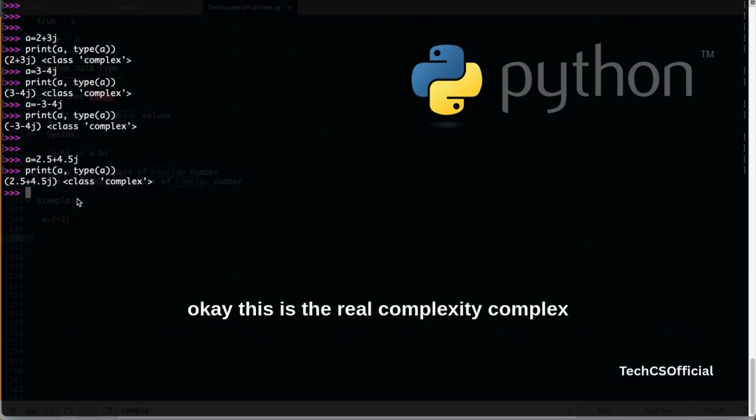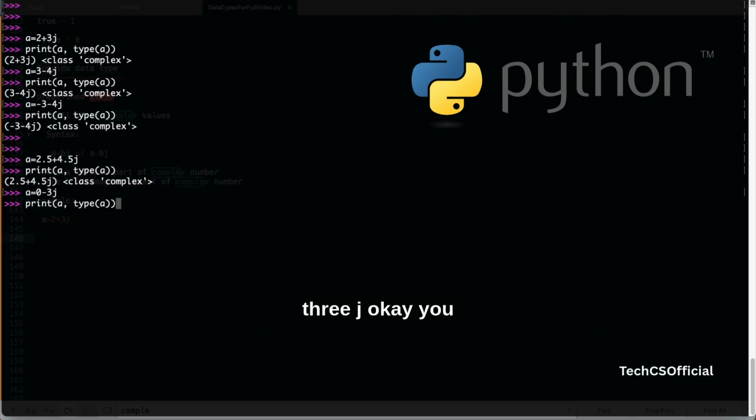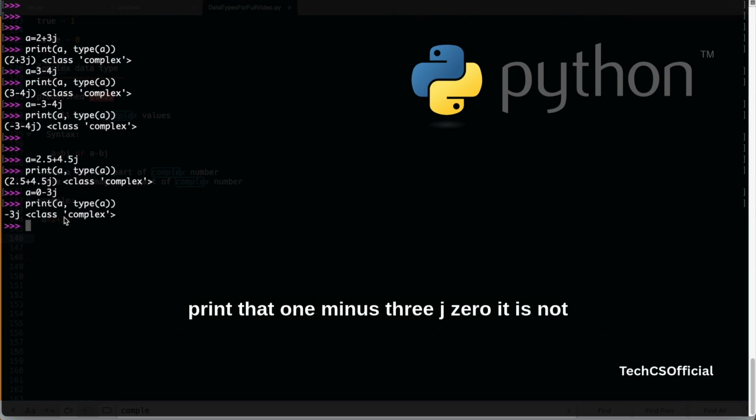This is the real complexity of complex values. And suppose if you consider 0 also, a is equal to 0 minus 3j. You print that one, minus 3j. The 0 is not shown.